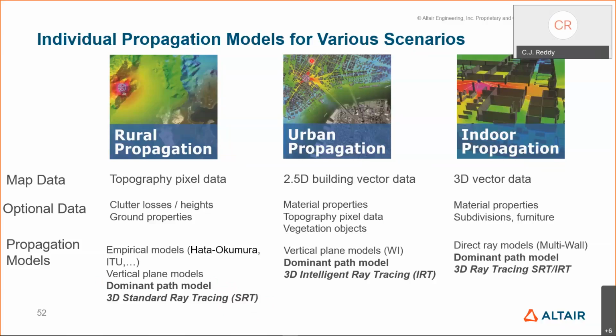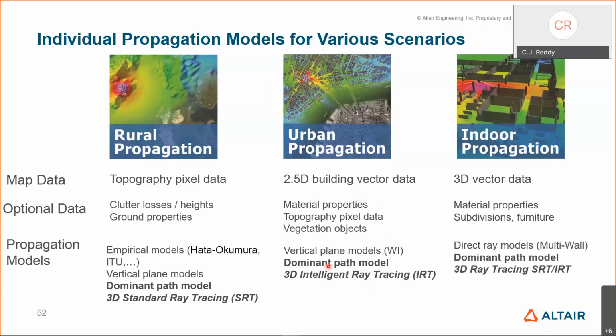Then when it comes to city environment or urban environment, you can have 2.5D building vector data, and from there we can bring up the 3D models. And also you can have material properties, and you can add topography, because the earth may not be flat in some cases, and vegetation and its losses and those kind of things. Same here, dominant path model.